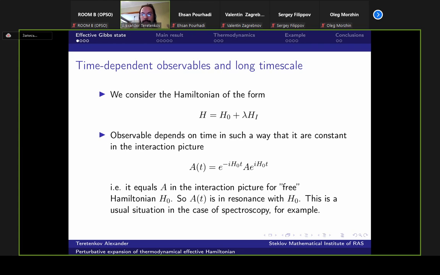Usually they are some dipole operators in a classical electromagnetic field, which are time dependent in such a way that in the rotating picture, or interaction picture, they would be time independent. So in this sense, these observables are time dependent in resonance with the free Hamiltonian, and it is a usual situation for spectroscopic setups.